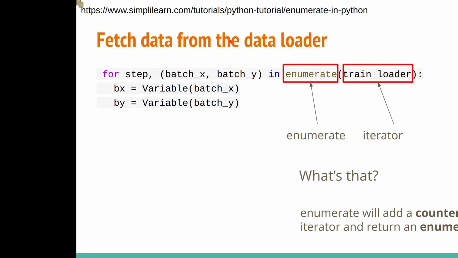We need to know that the number of variables here should match the number of items returned by the data loader, also defined in the dataset. So we need to be careful: if we have more than one label, or if we have no label in some situations, we need to adjust the number of arguments here to make sure the data will be read correctly.